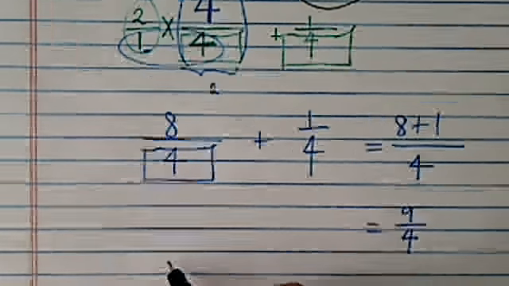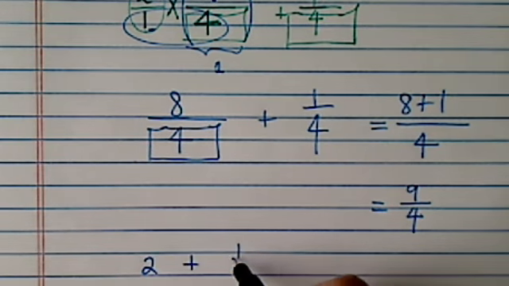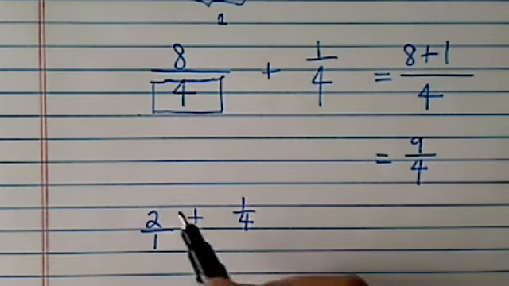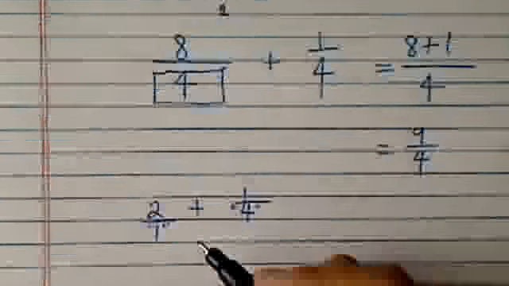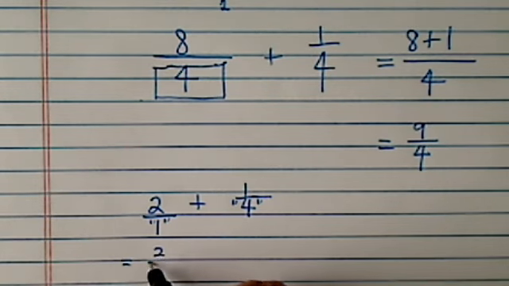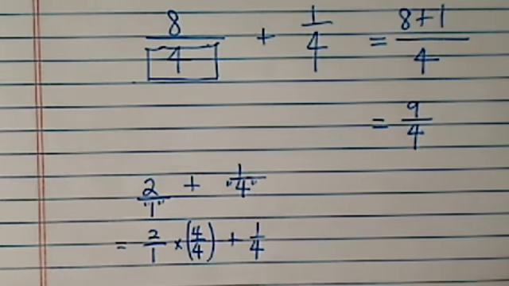Okay, so basically, let's repeat what we did. 2 plus a quarter. 2 is really 2 over 1. Not the same boat. 1 is 4, 1 is 4. So what I need to do is change the boat to be the same by multiplying where I wanted to go.